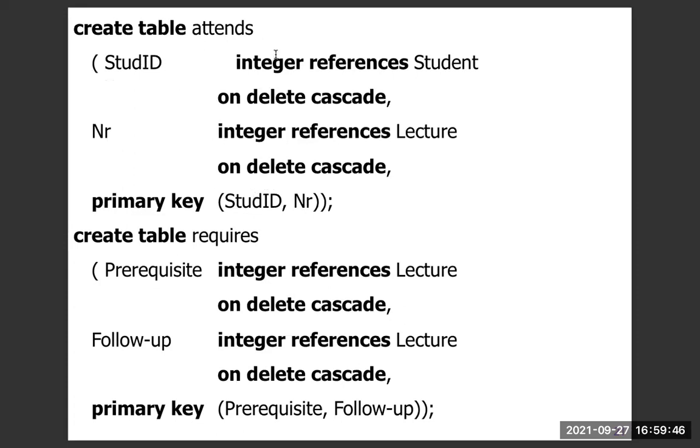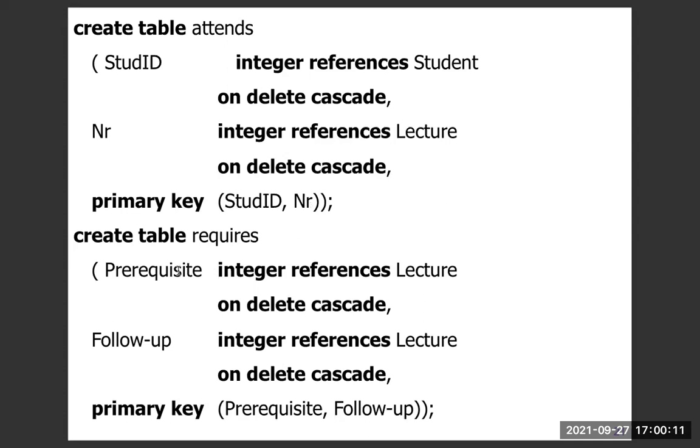Student ID is an integer that references student. Lecture number is an integer that references lectures, on delete cascade. And primary key is a combination of student ID and number. So I can't say primary key here and there. The only place is here, after a comma, primary key, and a list of IDs.